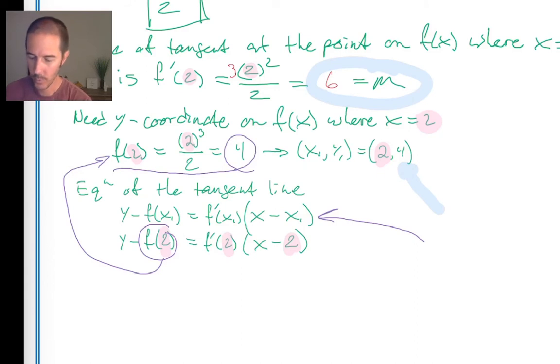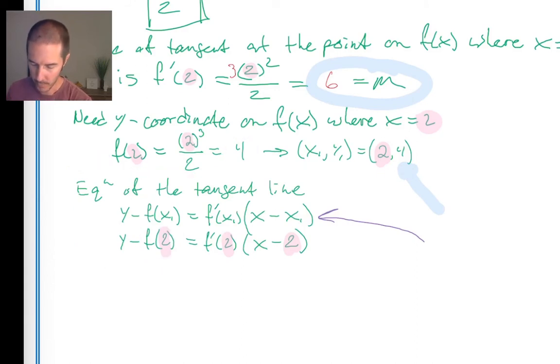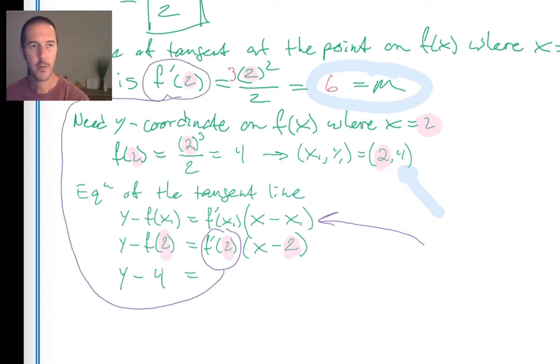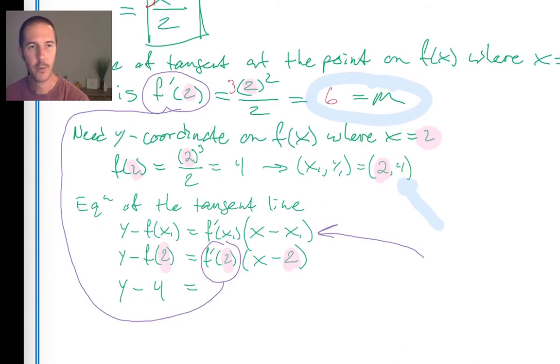That's a y coordinate. So I'm going to replace f of 2 with a 4 equals, now this says f prime of 2. We know that f prime of 2 is our first derivative evaluated at an x value of 2.